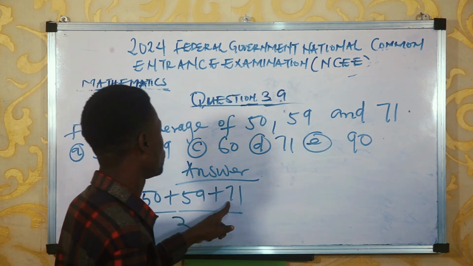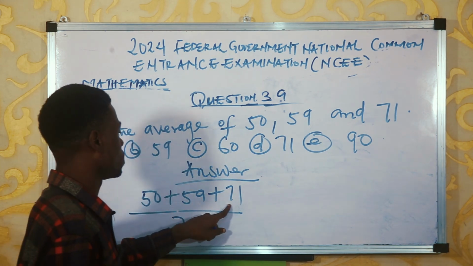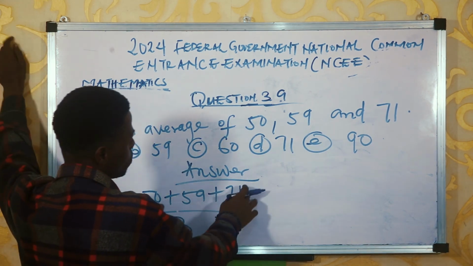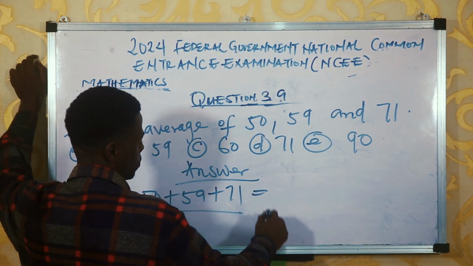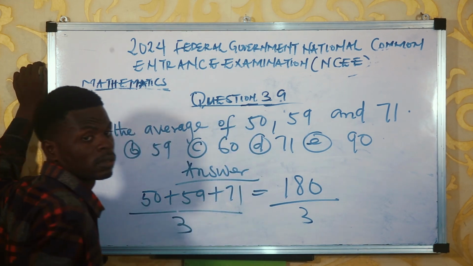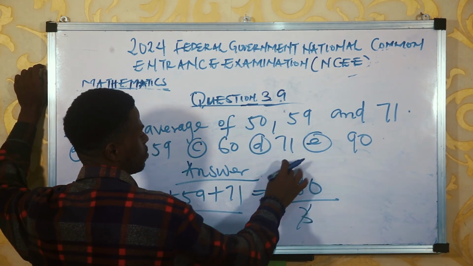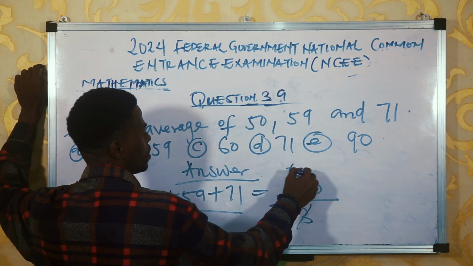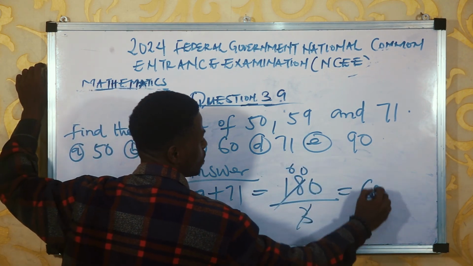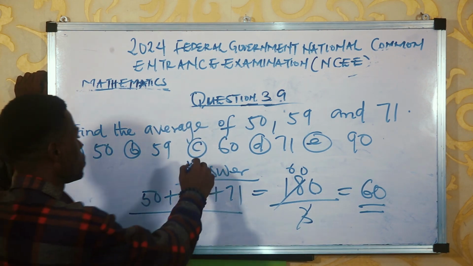Then plus 71 gives us 180. That's 180 divided by 3. Take note of that. 3 in 18 is 6, 3 in 0 is still 0. So we have 60. So our answer there is 60, which is option C.